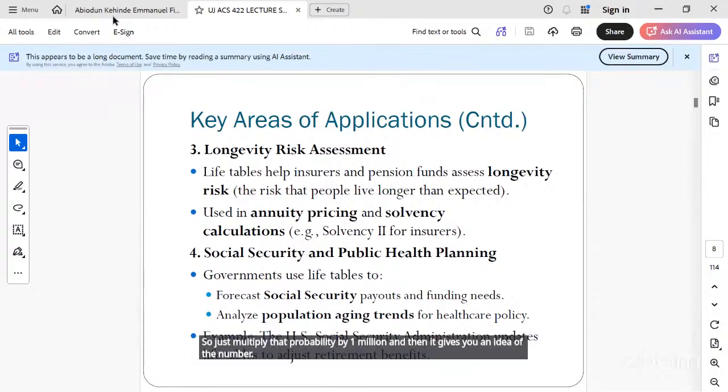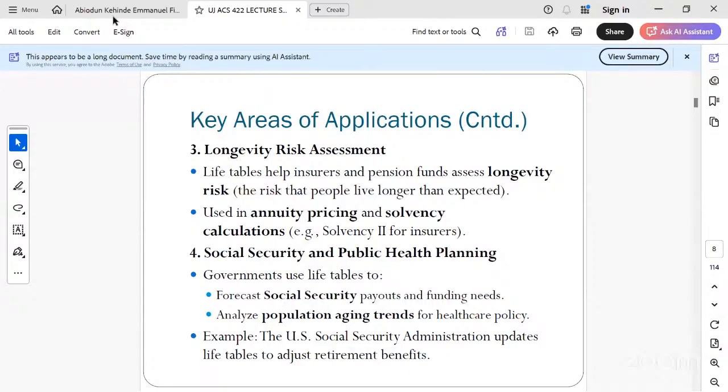So once you have that number, you can make provisions. We are not saying that it will happen, but at least you have made provision to take care of the sick if eventually it happens. And how do you do the estimation? It is the life table that you will use.